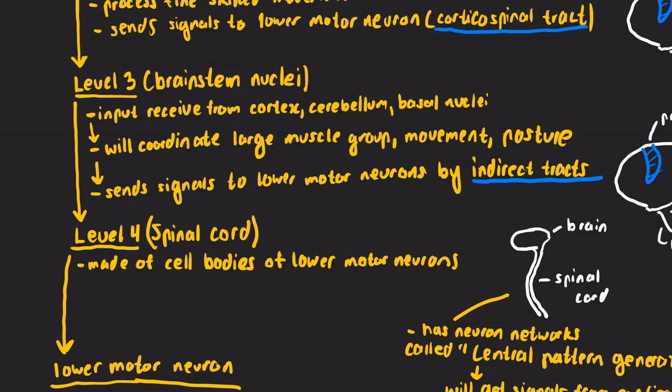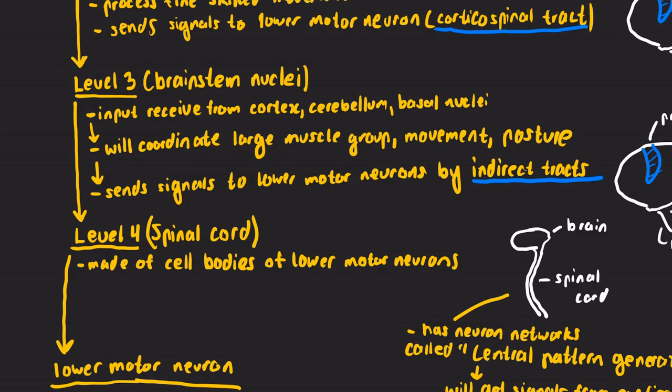You can think of the brainstem nuclei as kind of like the center of all of these processes, as you are receiving input from the cortex, from the cerebellum, and also from the basal nuclei.